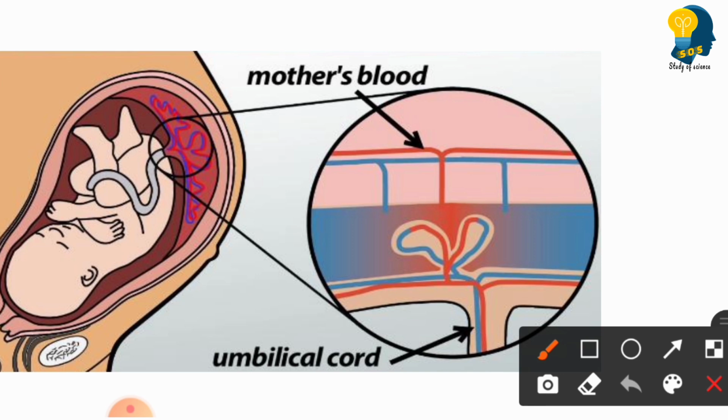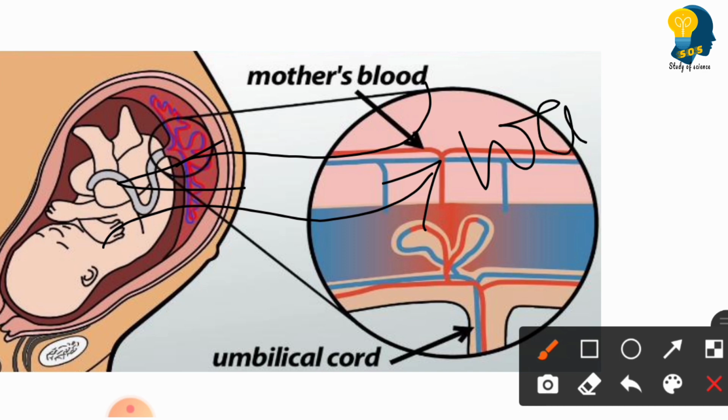The required nutrition through the mother's blood enters the embryo, and the embryo also releases waste products. Even when we eat, the food gets digested and the unwanted materials are excreted out of our body.